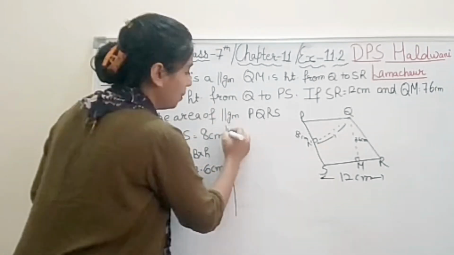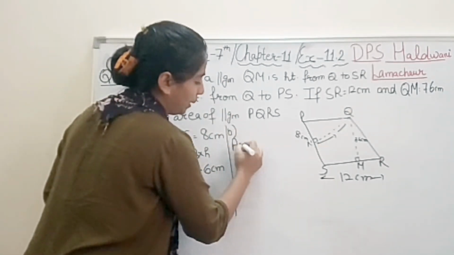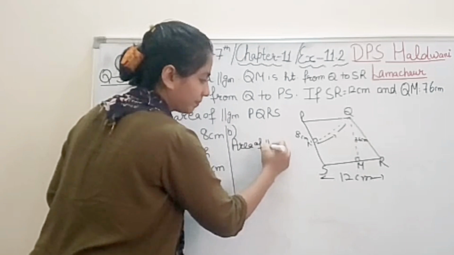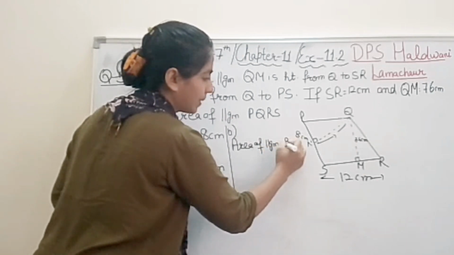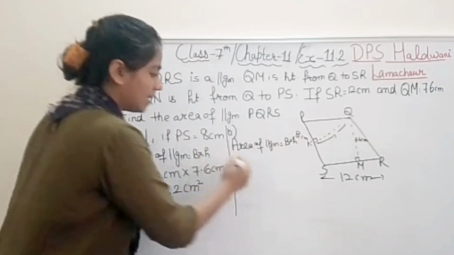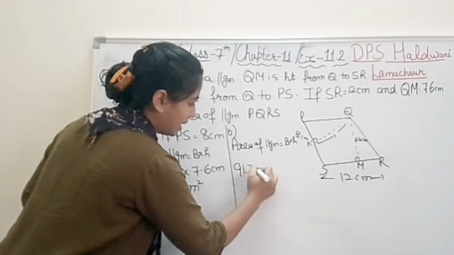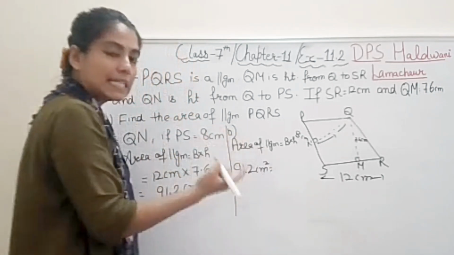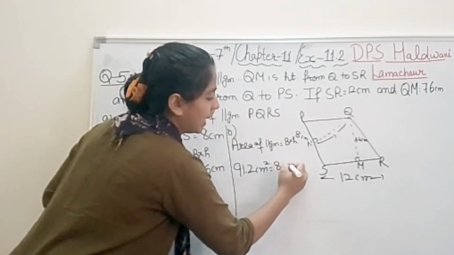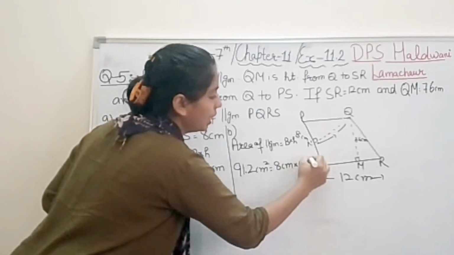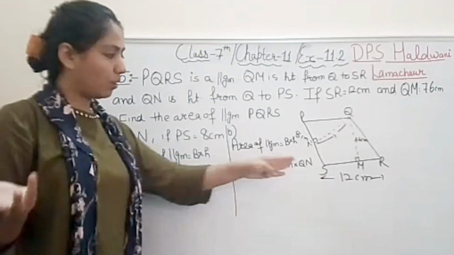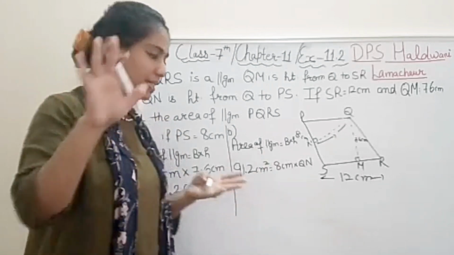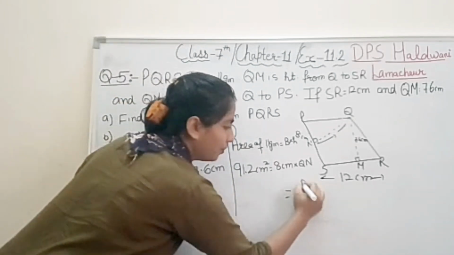So B part is, as we know, area of parallelogram is base into height. Area is 91.2 centimeter square. Base is 8 centimeter and height is QN, which we don't know. You can write H, it is your choice. So H we need to find out.